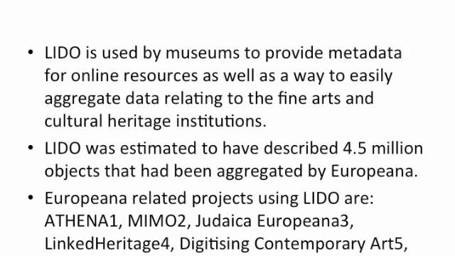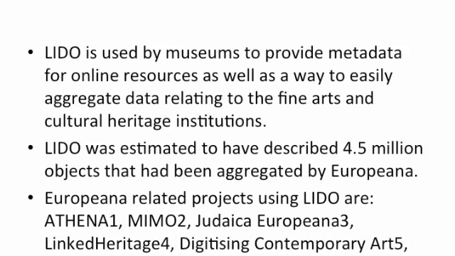So today, it's been estimated that LIDO has been used to describe 4.5 million objects that have been aggregated by Europeana alone, and then several other projects have used it as well to describe over 7.5 million.